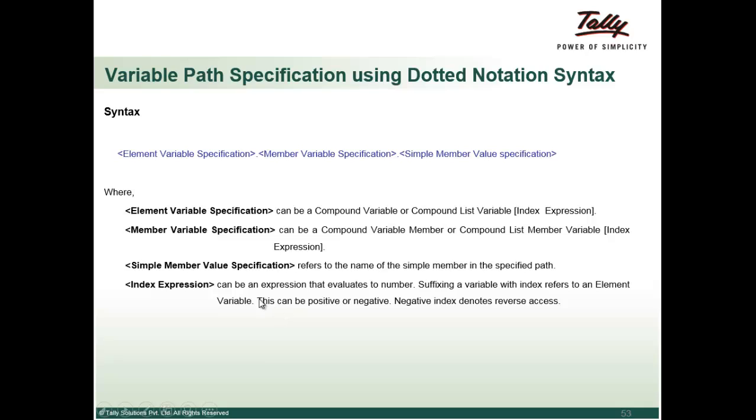This index can be either positive or negative. If you are giving 1, 2, 3 for positive, it means it travels from the top to bottom. If you are giving a negative index, it denotes that you're traversing from the bottom to top.